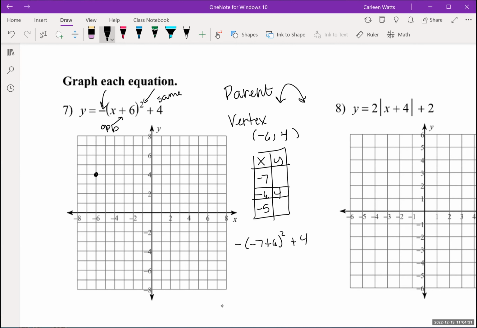Plug that into the calculator, please. And you should get what? Ding, ding, ding, correct. Yes, 3. Plug in -5, and what do you get? 3 again. So 3, 3, there is my sad parabola, my upside down flipped parabola. Yeah, getting better?